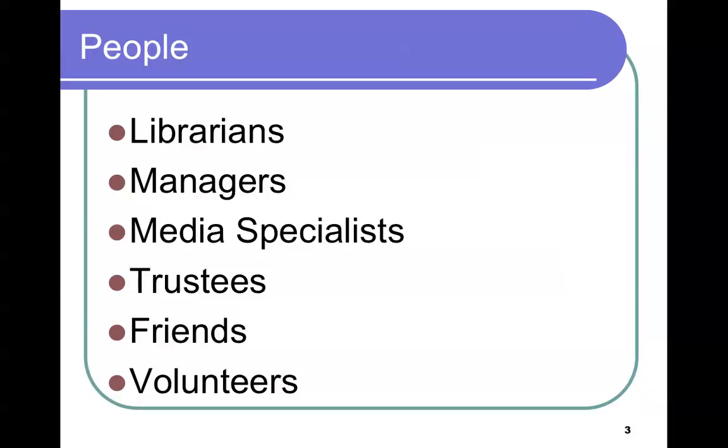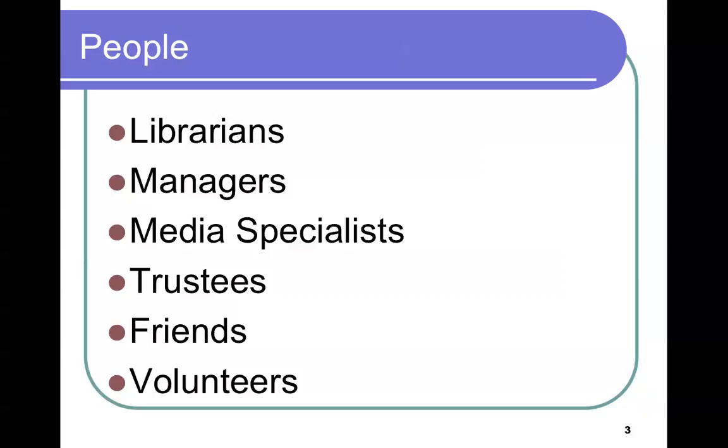Media specialists are the librarians in the K to 12 environment, and they are playing a more and more important role in the schools. Behind the scenes, there is another group of people involved in the library: trustees of the board, and they make the financial and other important decisions of the library.